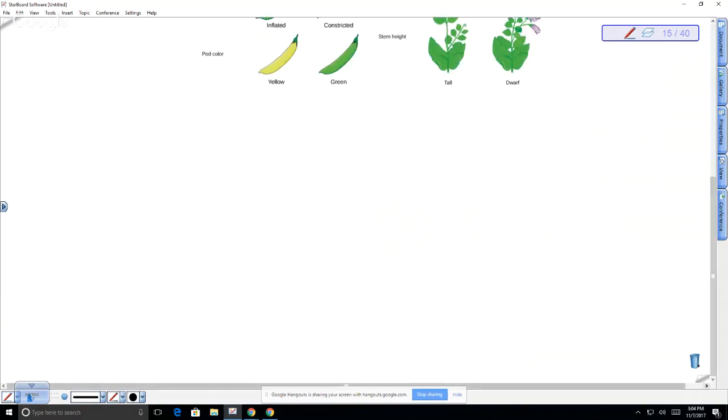So in the first, let's use plant height as our example. In the first cross, he would have tall plants and he would cross them with short plants. We would say that this is the parental generation.